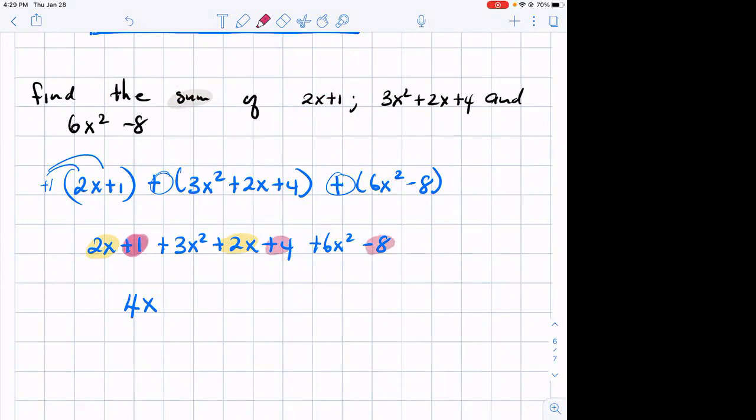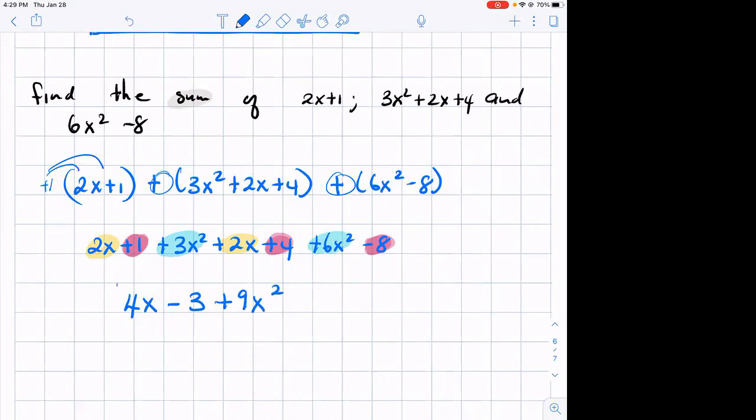So 1 plus 4 becomes 5, 5 minus 8, that becomes negative 3. And I move down the line again. I have a plus 3x squared and plus 6x squared, that becomes positive 9x squared.